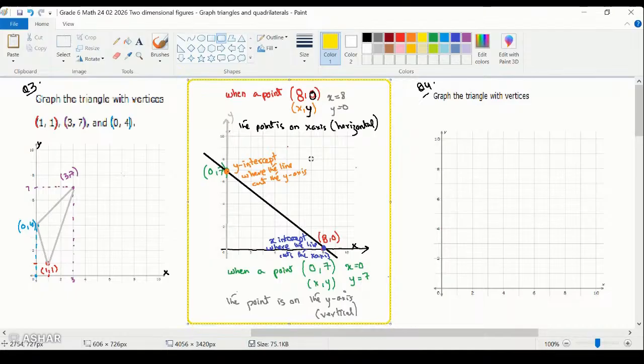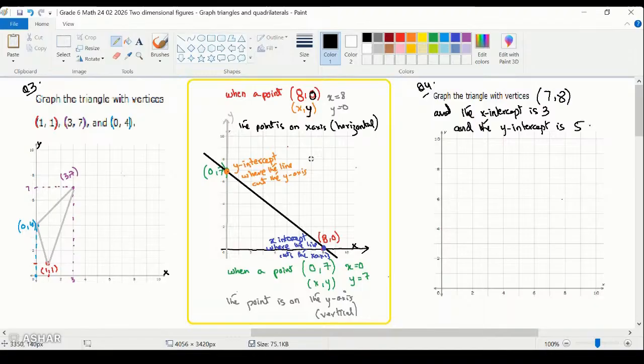For question number 4, if it says graph the triangle with the vertices, and the first vertex given is, let's suppose, 7 comma 8, and the x-intercept is 3 and the y-intercept is 5. Let's see what we can do over here.